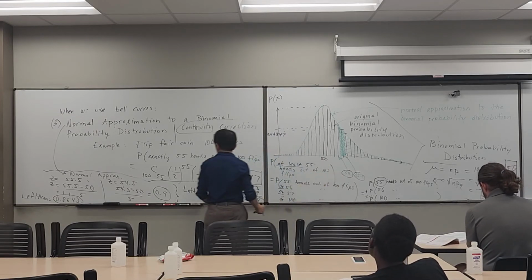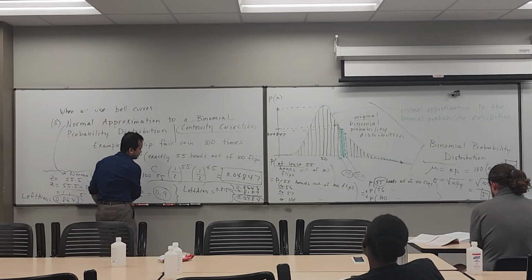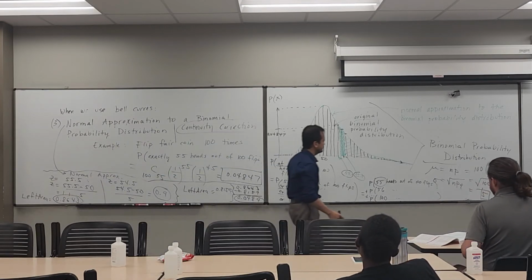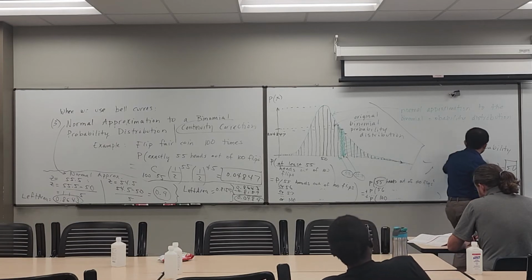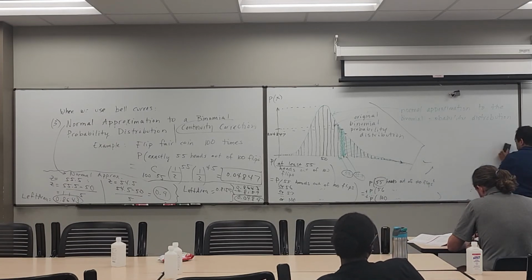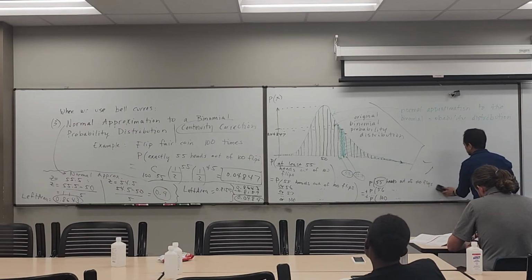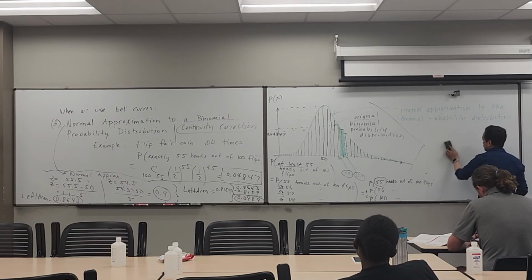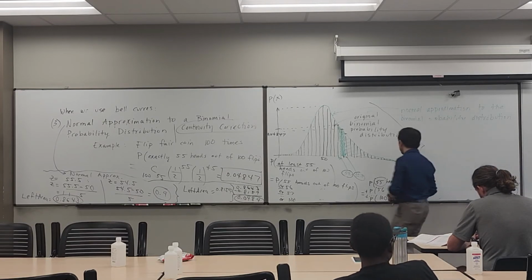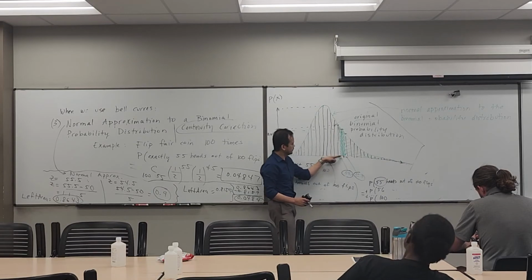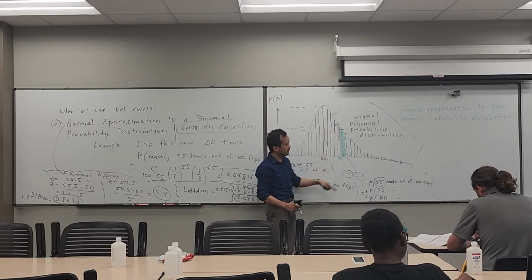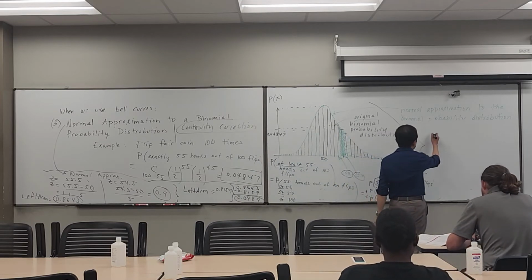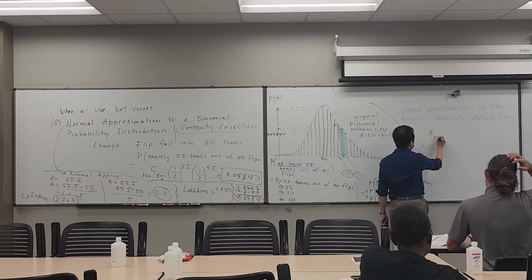So let's do it together. Again, we want this total area in green to the right of this left edge of 54.5. So we're going to find the z-score of 54.5.